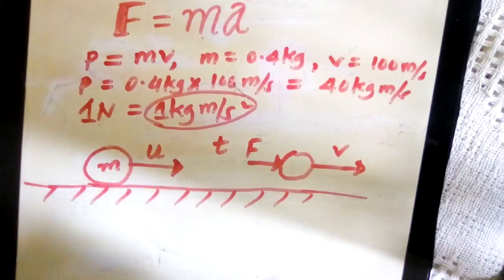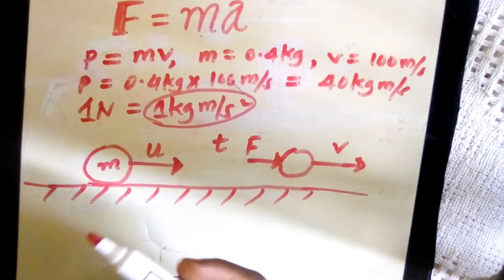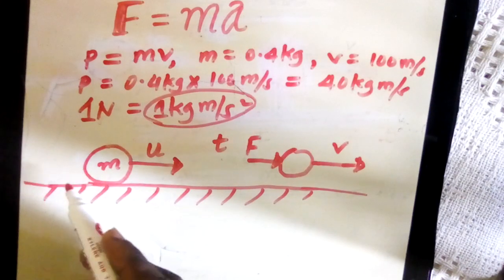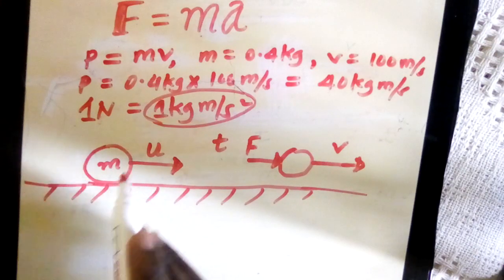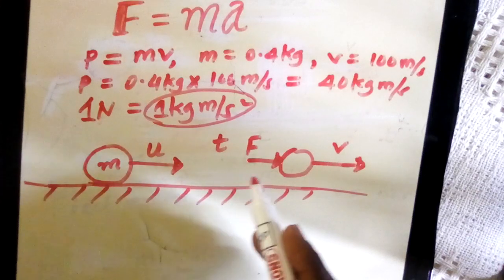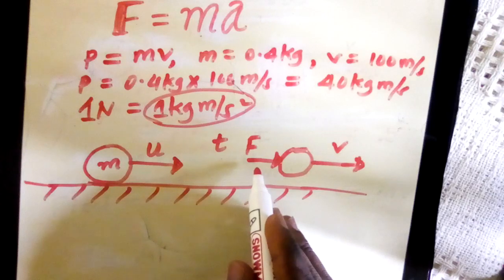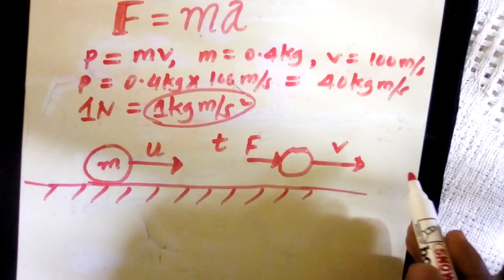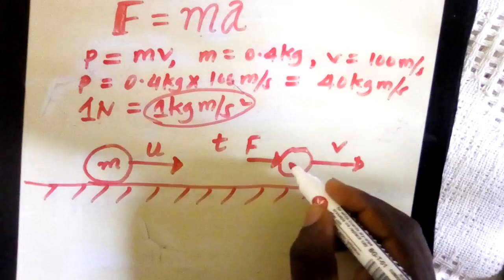Just to recapitulate, assume you have a body with mass m and initial velocity u, acted upon by an external force F for a certain time t, which causes the body to accelerate to its final velocity v.